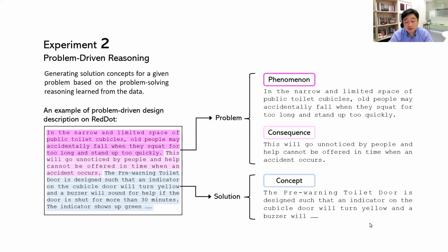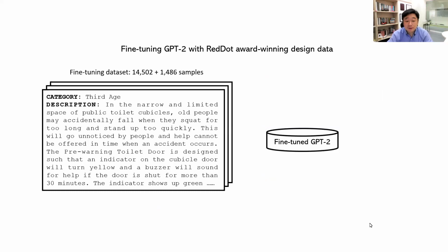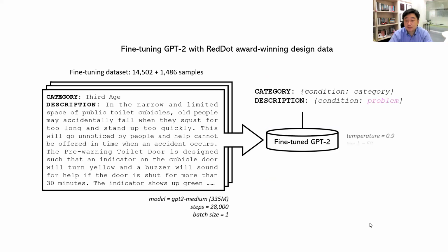If you look at an example design description from Red Dot Awards, you see most of the design descriptions include paragraphs, sentences describing the problem and also sentences describing the solution. And so we use such design descriptions with a clearly specified problem and solution, and also the design concept categories, to fine-tune the GPT model.